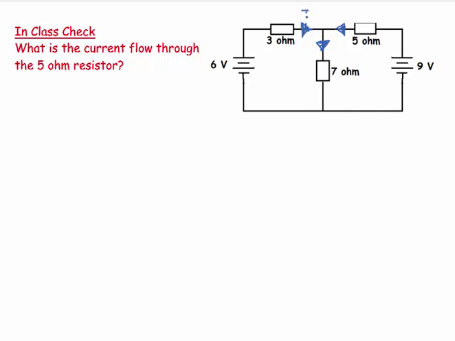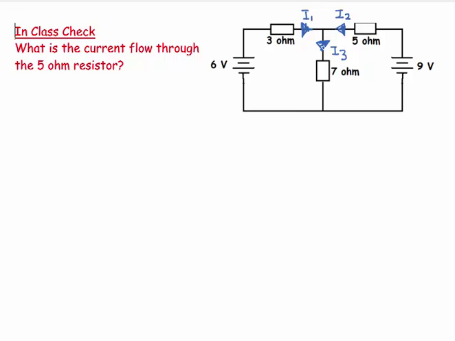So I'm going to call this I1 and this I2 and this I3. Now I drew I1 going towards the junction, I drew I2 going towards the junction, and I'm doing I3 coming away from the junction, and they are arbitrary choices.